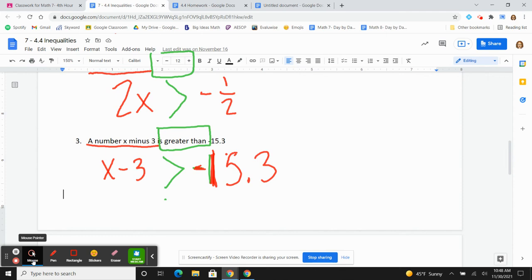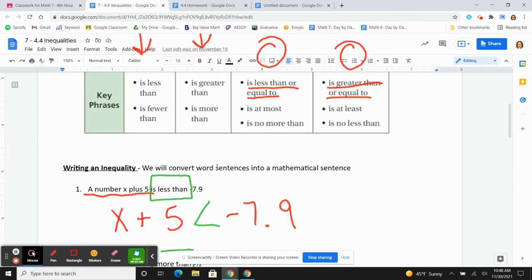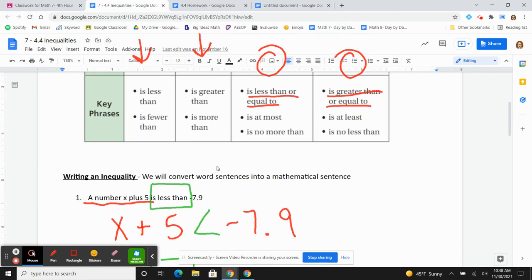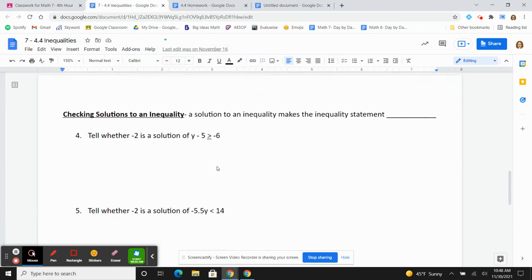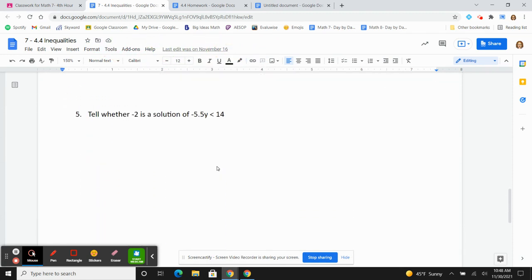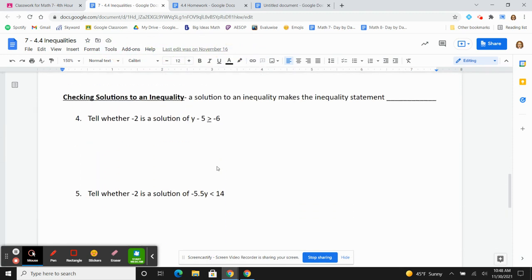Okay. So we just practiced writing them. And then if you flip it over, we're going to do a couple of checking to see if a solution works and is true. A solution to an inequality makes the inequality statement true.